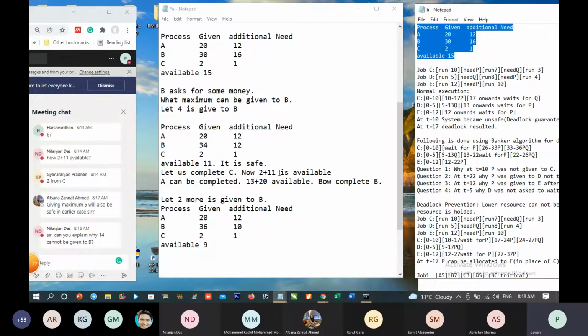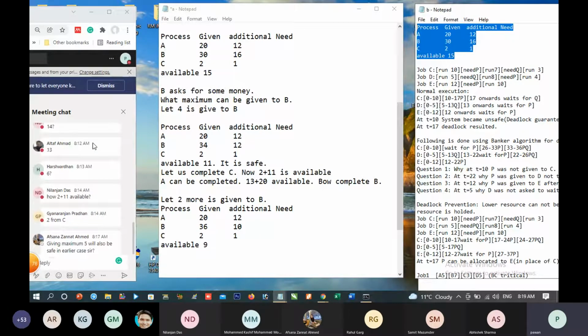Why can 14 not be given to B? I have not said that 14 cannot be given to B. Nilanjan, you are correct. 14 can be given to B also. You wrote 14, I can assume.